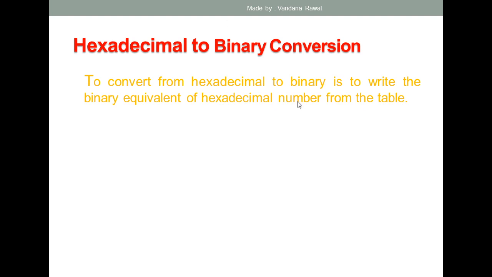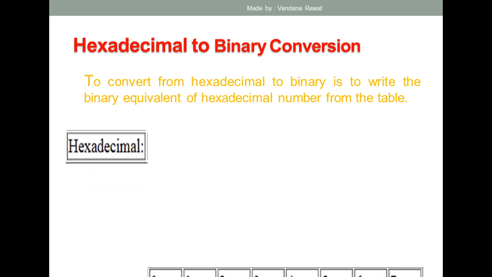According to the first table, you have to check all the hexadecimal numbers in which you have converted all the numbers into binary. With the help of that table, directly you can write the answer. This is one shortcut way which you can apply in the hexadecimal to binary conversion, and it is applicable in your exams also.